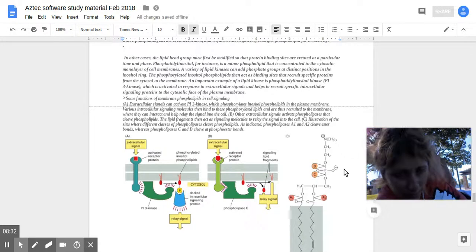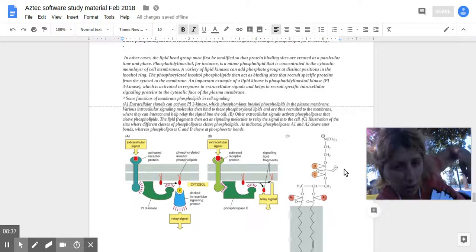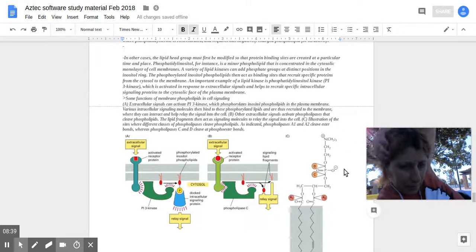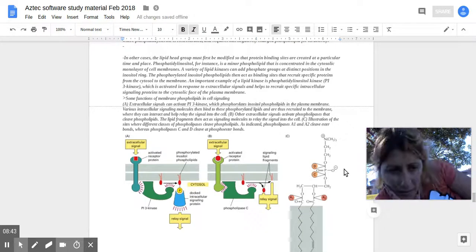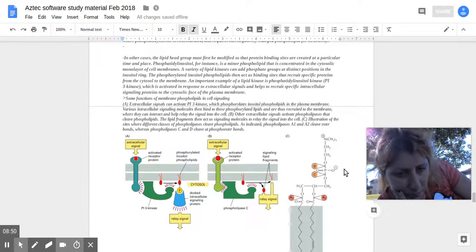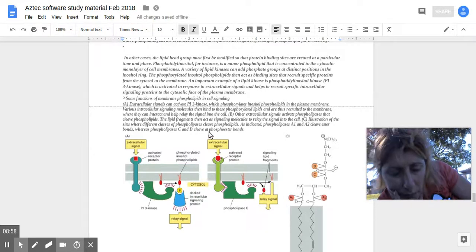So ester bonds are the oxygen, carbon, and oxygen double bonds, etc. So where you have two oxygens, one double, one singly bound, that's an ester bond.